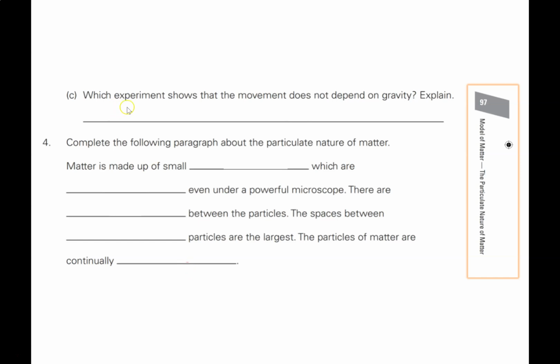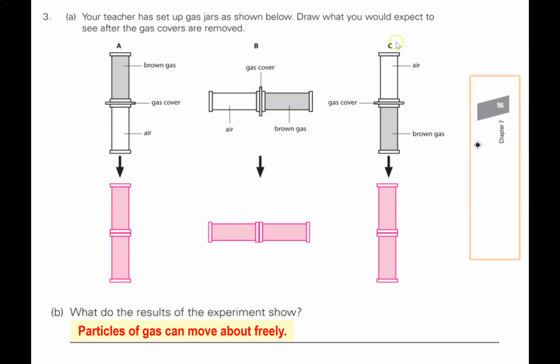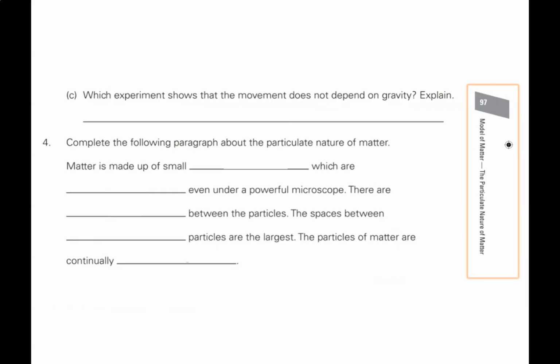C. Which experiment shows that the movement does not depend on gravity? In setup B, the brown gas particles and the air particles are moving horizontally, so it is not affected by gravity.